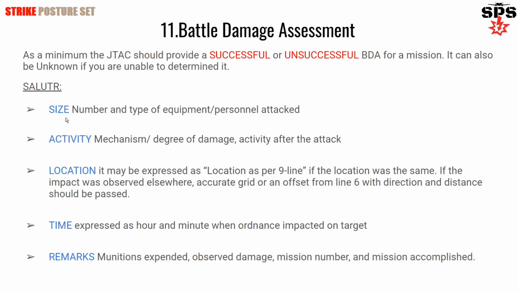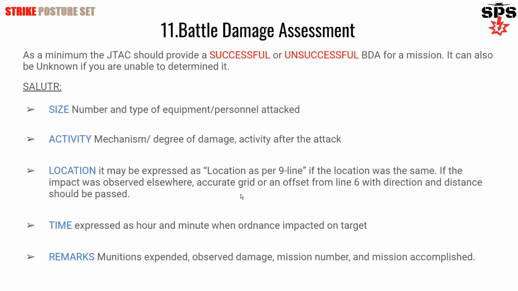So we go with size, activity, so that means what was the equipment you destroyed and in which state is it now. So for example, 1 by T-72 destroyed. Location, you can say as per 9-line or as briefed if it didn't move, and if it moved you just give an offset, for example, 500 meters north from the briefed location.